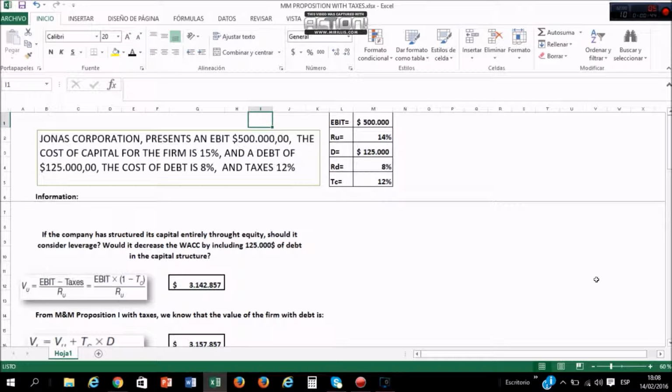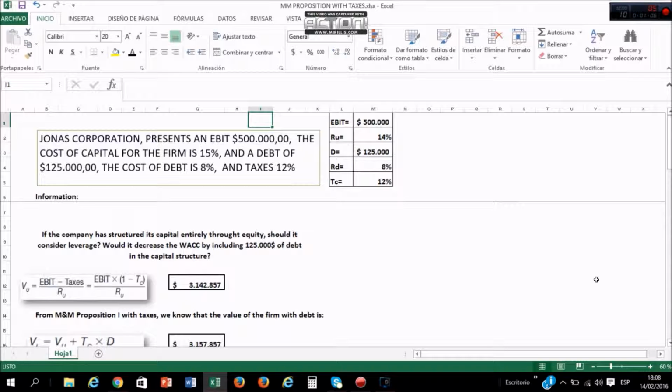So we have in a separate chart the relevant information of the Jonas Corporation. EBIT is 500,000, RU is 14%, D is $125,000, RD is 8%, and TC is 12%.